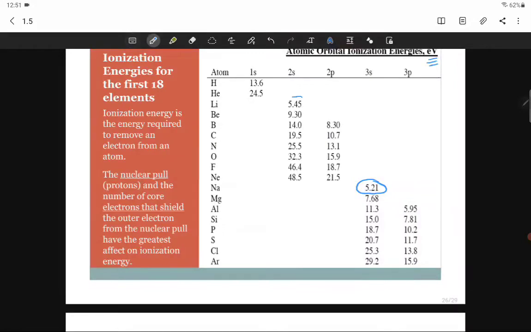What else has a small number? Lithium has a small number there. And we'll have to figure out why that's true. But maybe if we look at sodium's electron configuration, 1s2, 2s2, 2p6, 3s1. To get rid of that 1 electron doesn't require much energy.